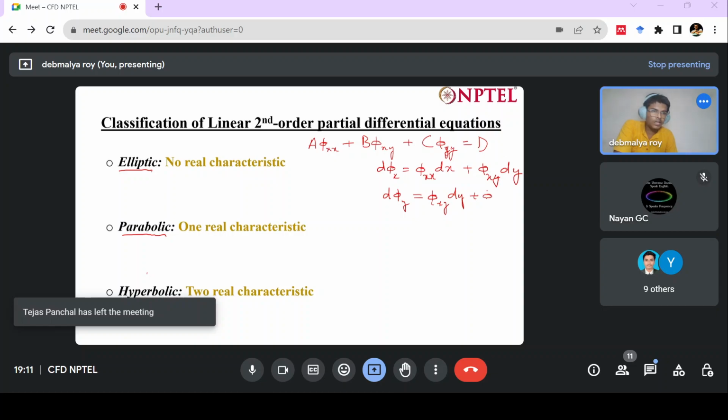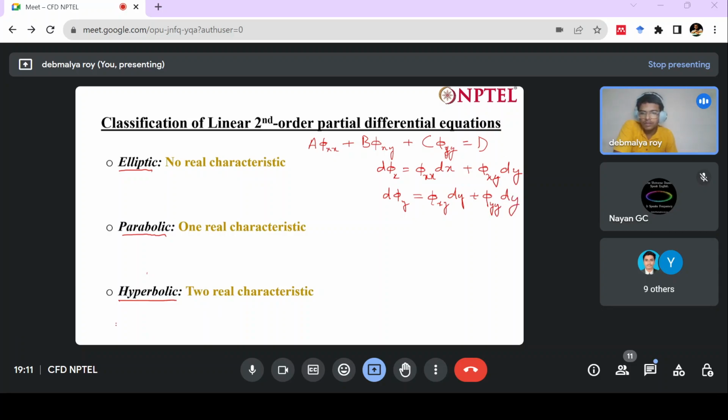Now, what we are trying to find are the characteristics. How have we defined these characteristics? We have defined a characteristic as a curve where the second order partial derivatives may be discontinuous, right? For that scenario, we will need these three sets of equations to have no solution.